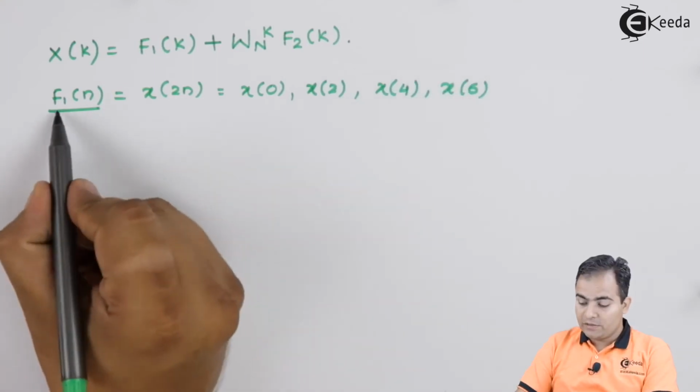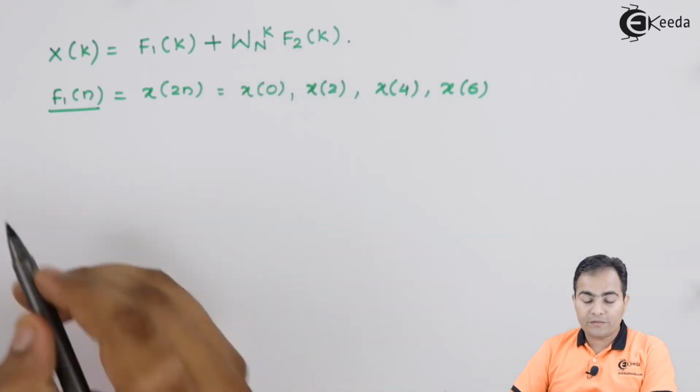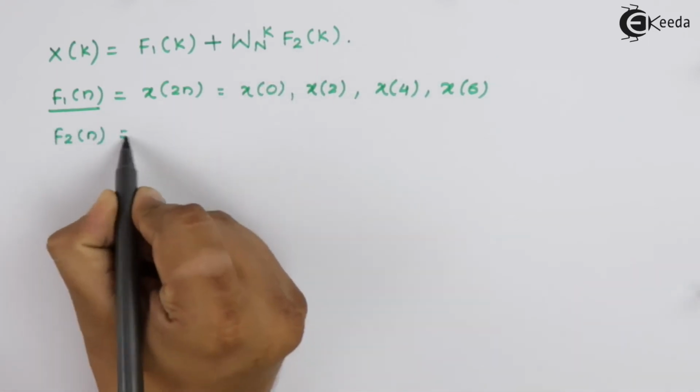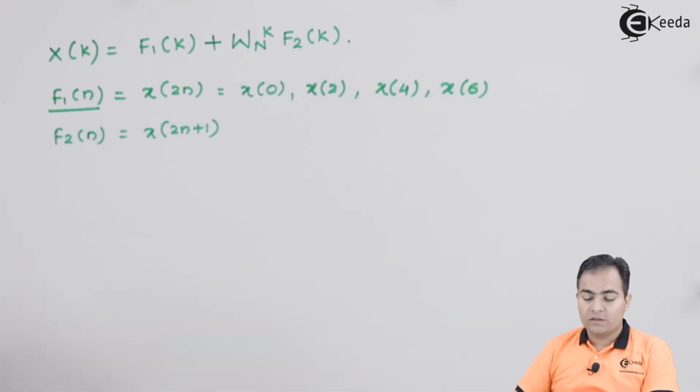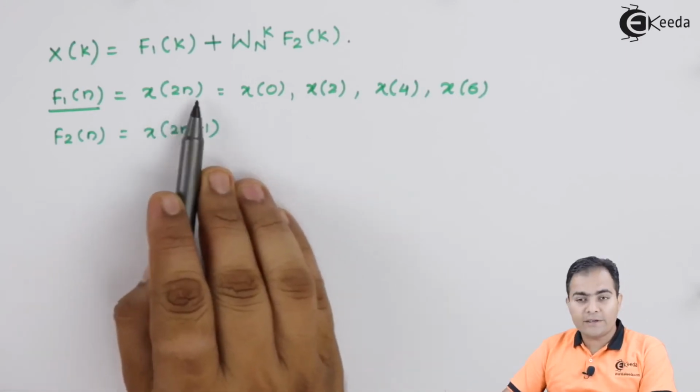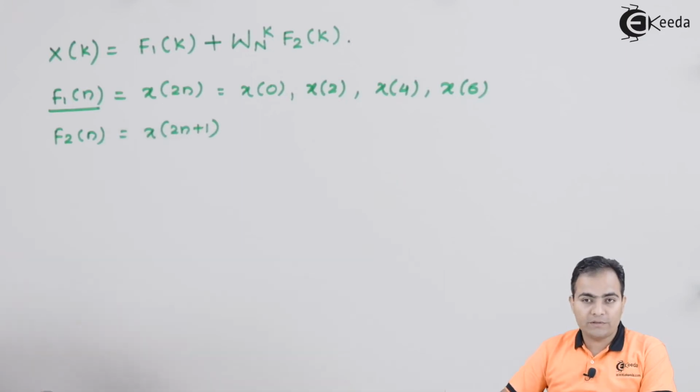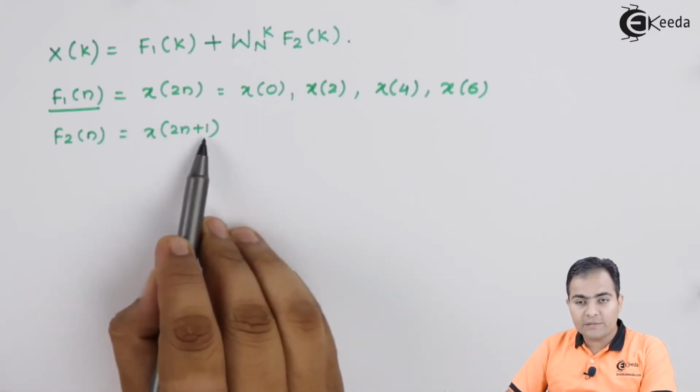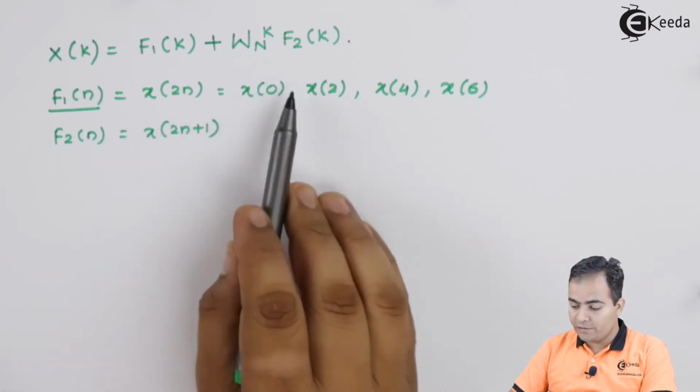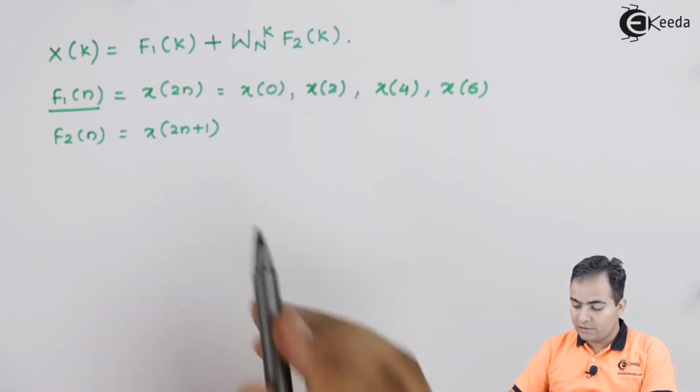Similarly, my f2 of n was the equation for odd samples. So we have already calculated this x of 2n value. Only one thing remains, which is that we add 1 to each and every sample.